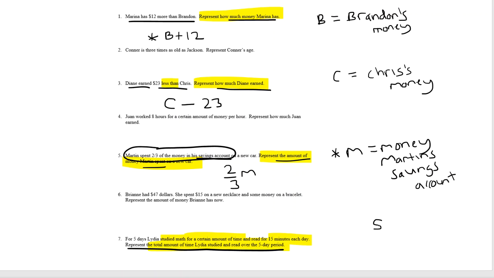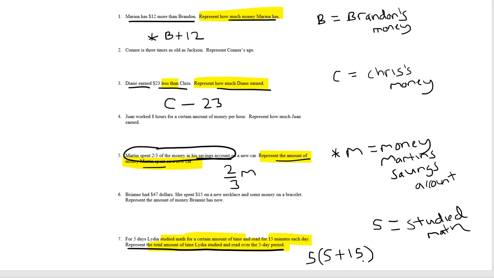So now that we have identified a variable for the time she spends studying math, we can say the amount of time that she studies math and 15 minutes each day is the amount of time that she spends each day in total reading and studying math. And that happened over the space of 5 days.